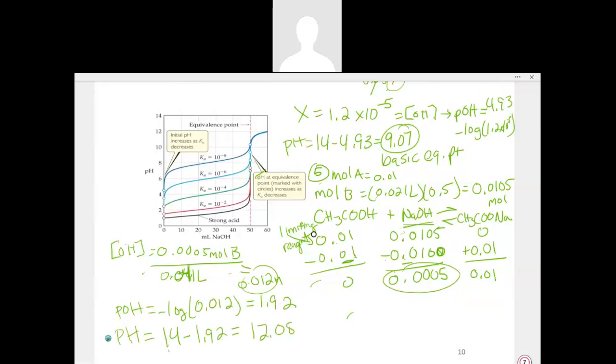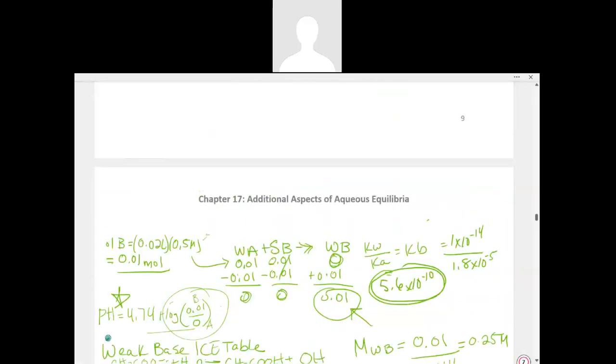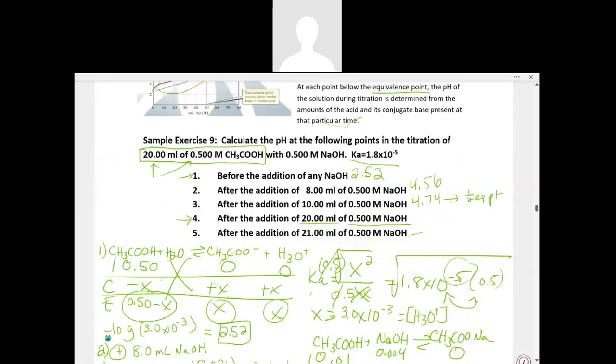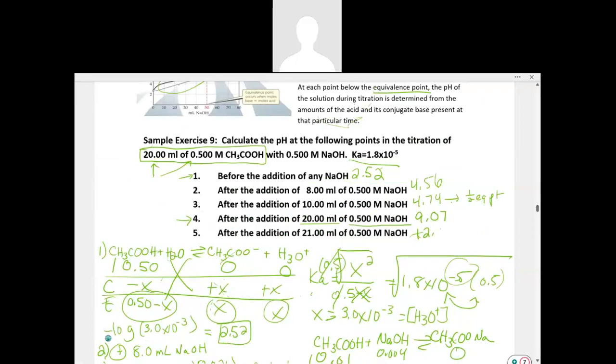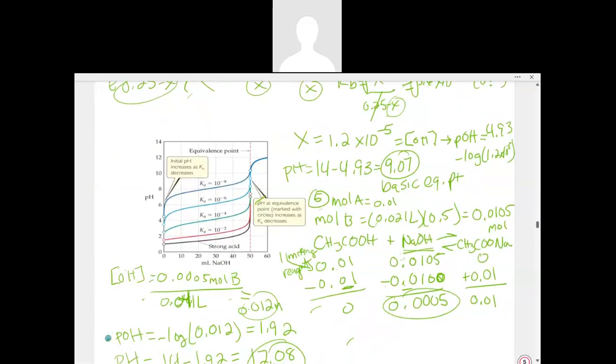We get our highest pH found so far, 12.08. Let's go back to our initial information given here and look at how our pH has increased. We went from 2.52 to 12.08 following these 5 points of addition.